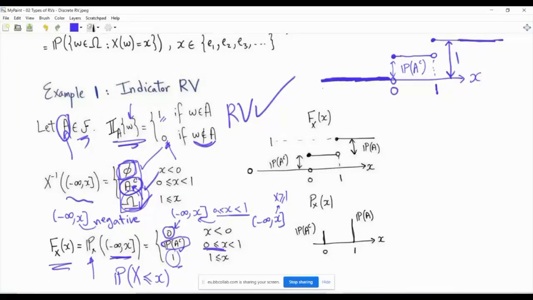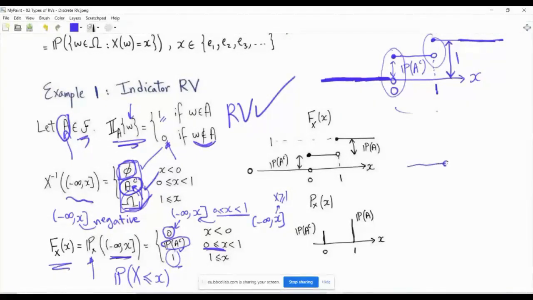The CDF here has the 4 properties. Remember them? The limit as x goes to minus infinity is 0. The limit as small x goes to infinity is 1. It is not necessarily a continuous function. Actually, we have 2 jumps here, but the function is right continuous. Right continuous means this is what you see at a jump.